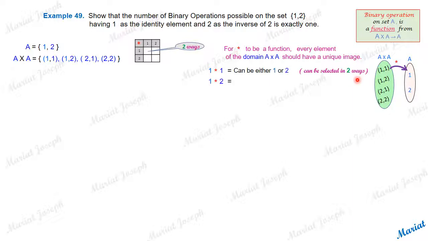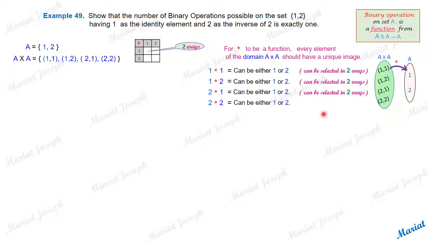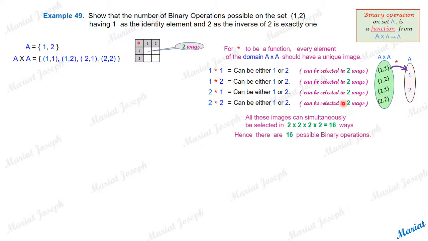Same with 1 star 2. It can also be selected in two ways. Same with 2 star 1, it can be selected in two ways. 2 star 2 also can be selected in two ways. Now, all these four places can be filled in two ways, into two ways, into two ways, into two ways.